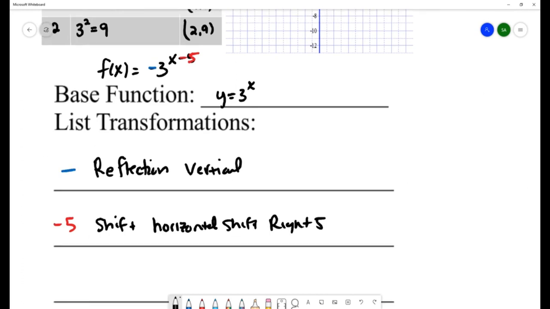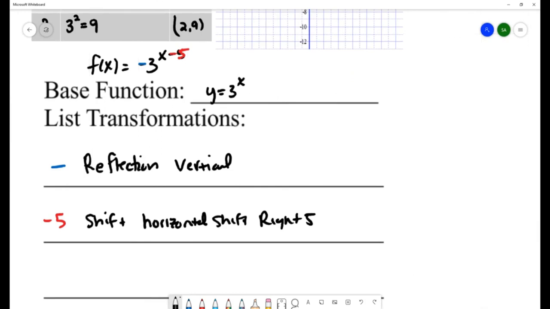So my transformations are going to change the points on the original graph of 3 to the x. The vertical transformations affect y, and the horizontal transformations affect x. So the y values are going to get mirrored over the x-axis, so they become the opposite sign. And the x values, because we're shifting right, we're going to add 5 to all of those x values.